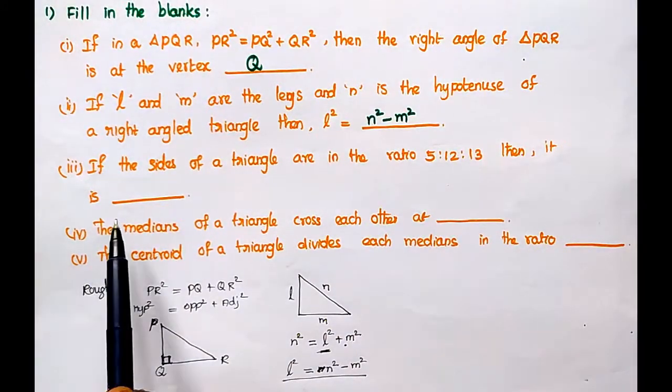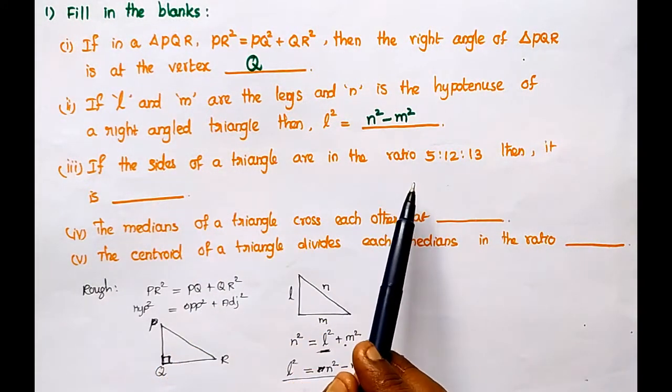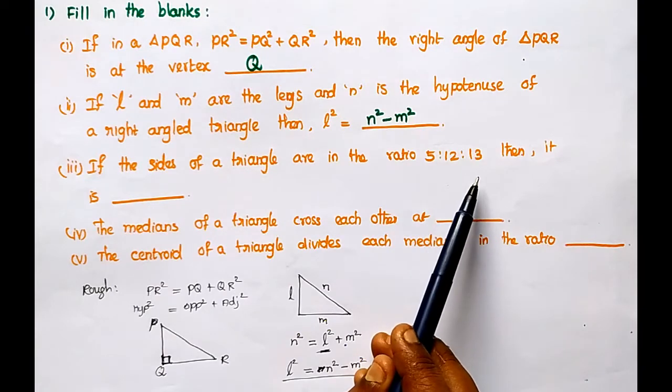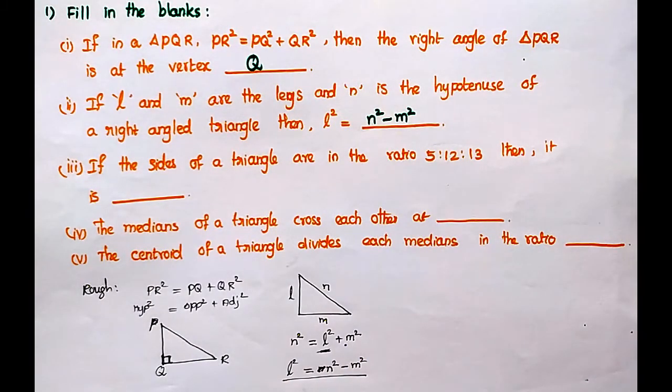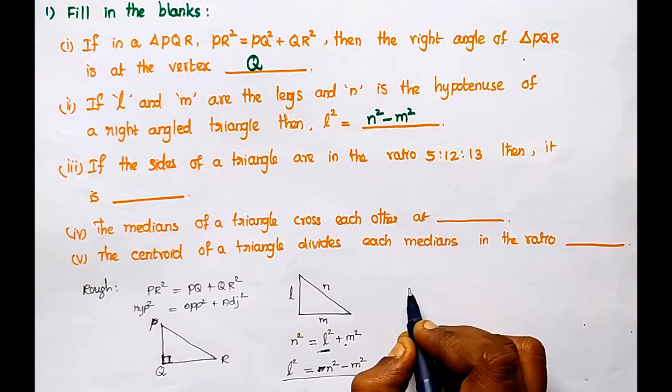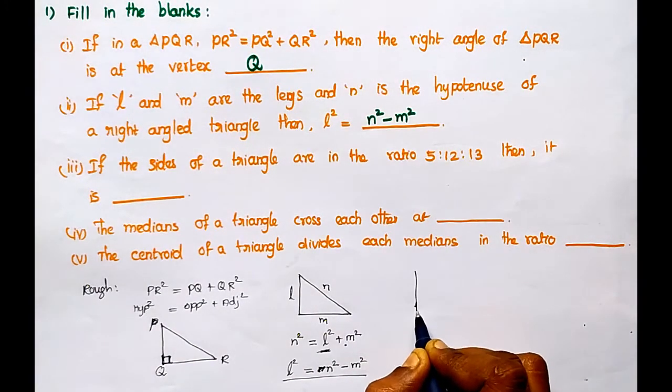Next one, if the sides of a triangle are in the ratio 5:12:13, then it is dash.